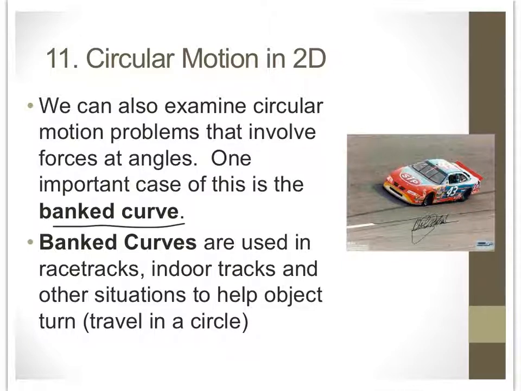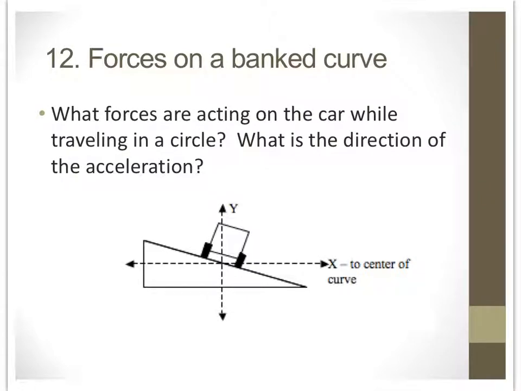Typically on a banked track, times for running are a lot faster because that banking helps you make that sharp turn. So let's think for a second about the forces acting on an object that is traveling on a banked curve. We're once again going to employ our side view here.